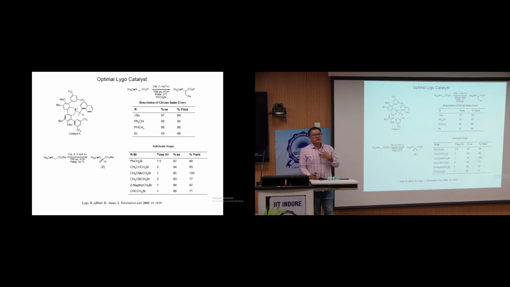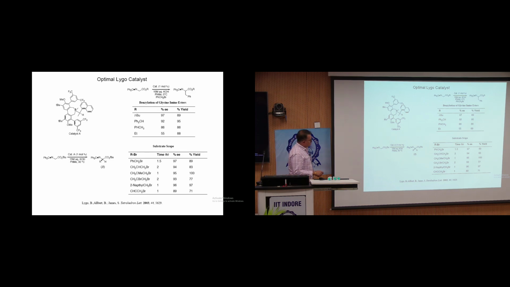There's something we achieve after we do the reaction. We try to explain, but it's very tough to explain why, when we change R to tertiary butyl, we get a very high yield of 89% and enantiomer selectivity of 97%, the yield has not decreased so much, but why did we get 55% enantiomer selectivity? That remains a question.